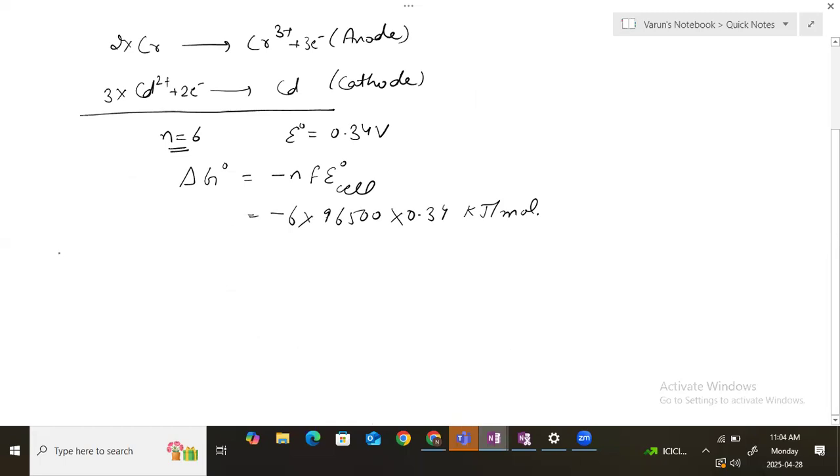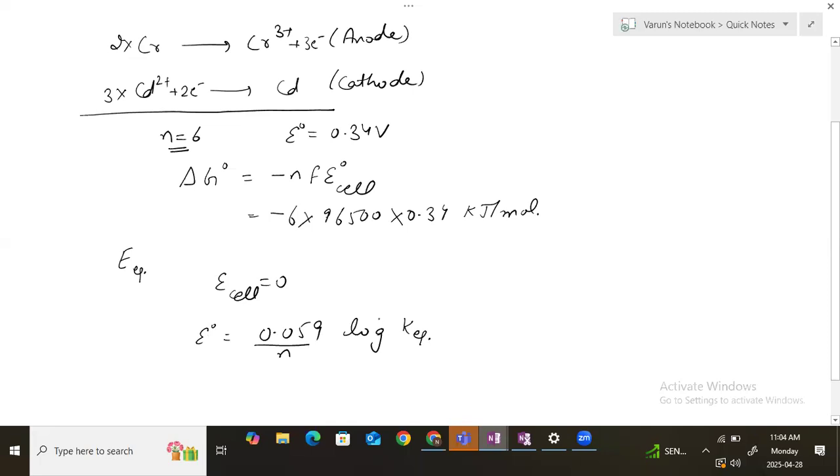Next thing that you have to calculate is the equilibrium constant. We know that at equilibrium, my E cell for the reaction is always 0. So E naught will be equal to 0.059 divided by n, log K equilibrium.